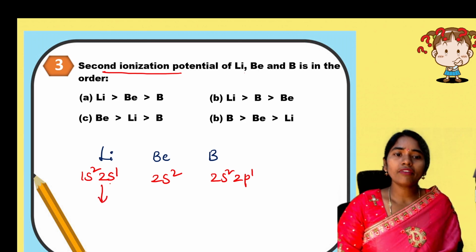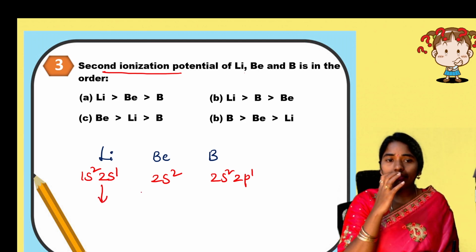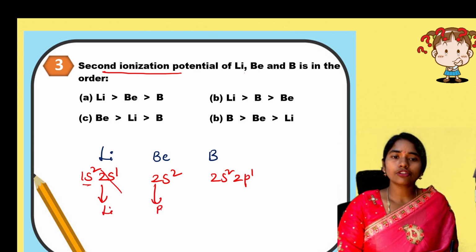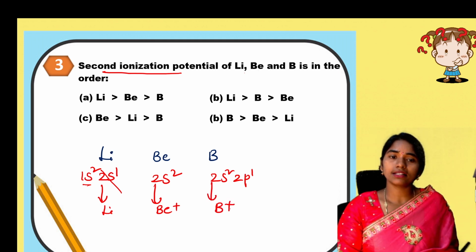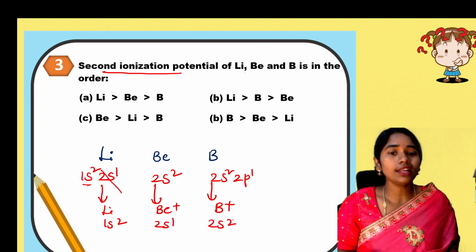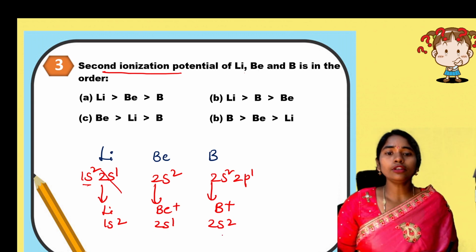Now remove one electron. After removal of one electron, you will get Li plus, Be plus, B plus. That means 1s2 is the configuration, 2s1 is the configuration, and here 2s2 is the configuration. Got it? So 1s2, 2s1, 2s2.